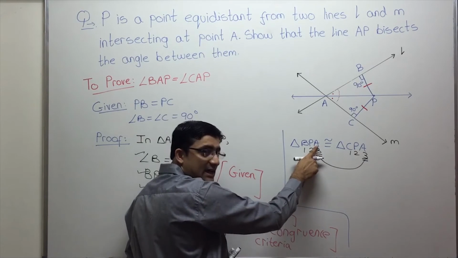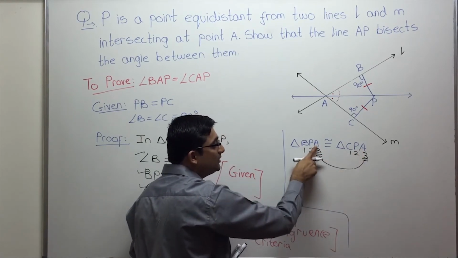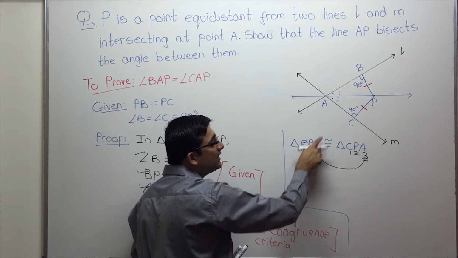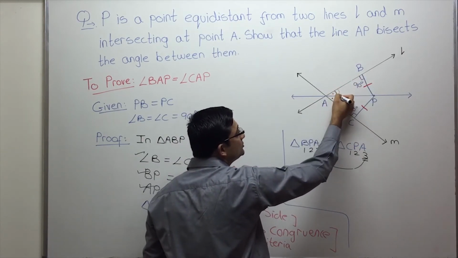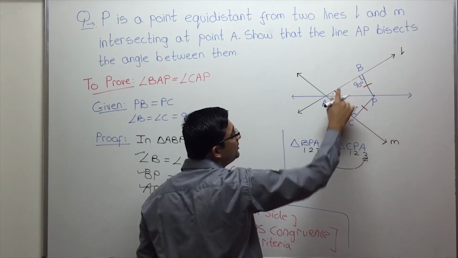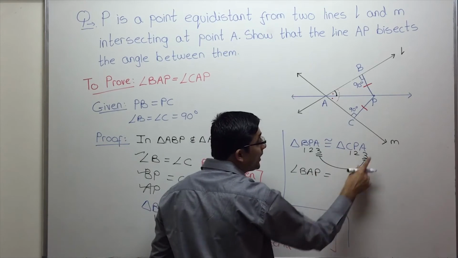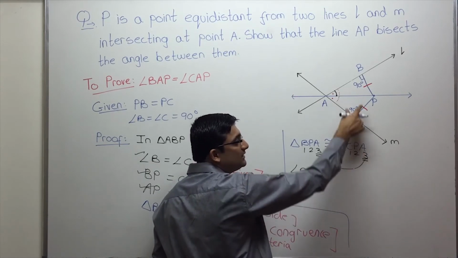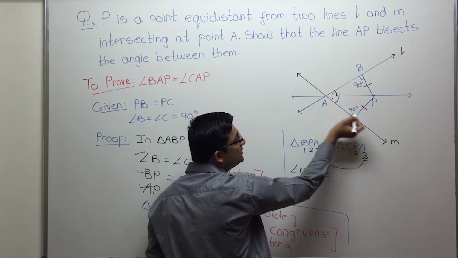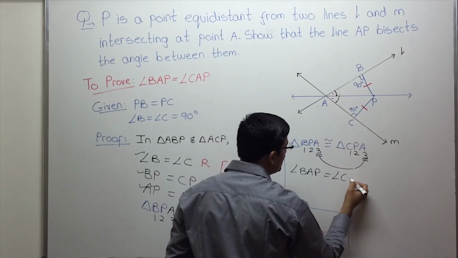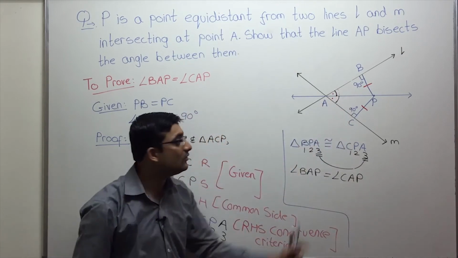That means angle A of this triangle is equal to angle A of this triangle. So what is angle A of triangle BPA? This over here. So this is angle A of triangle BPA. What is this? Angle BAP is equal to angle A of triangle CPA. This is triangle CPA. What is angle A for this? This over here. That is angle CAP. So angle BAP is equal to angle CAP. So because these two angles are equal, what does that mean?